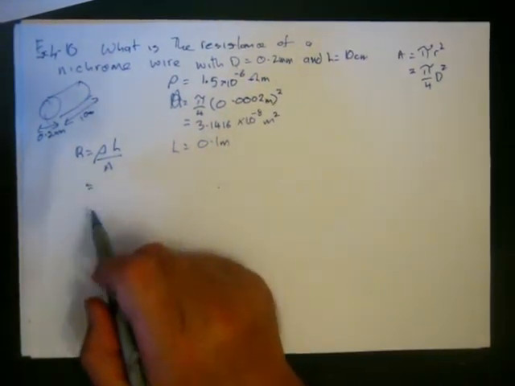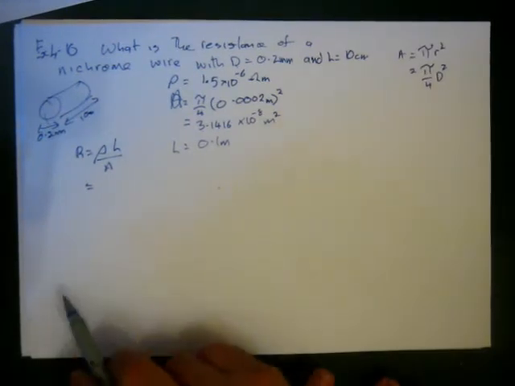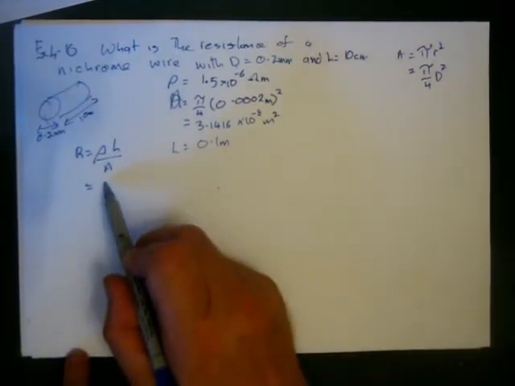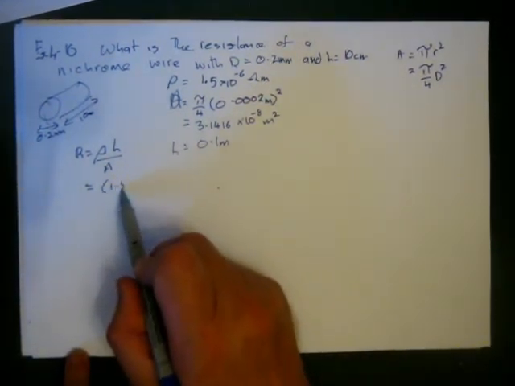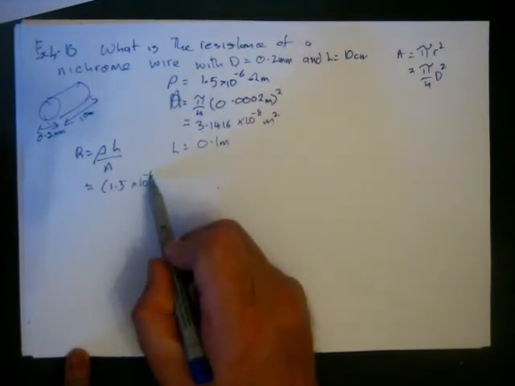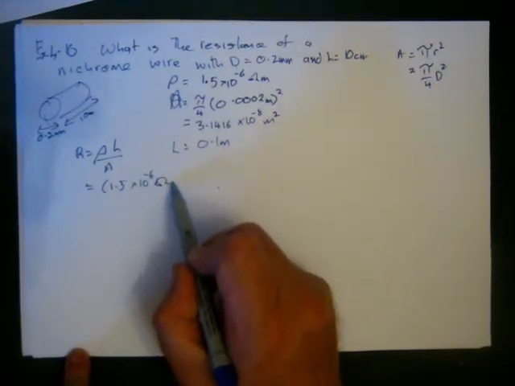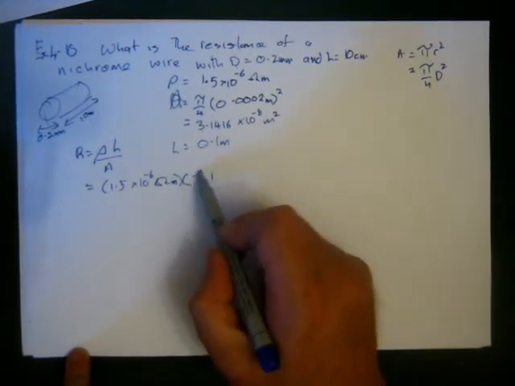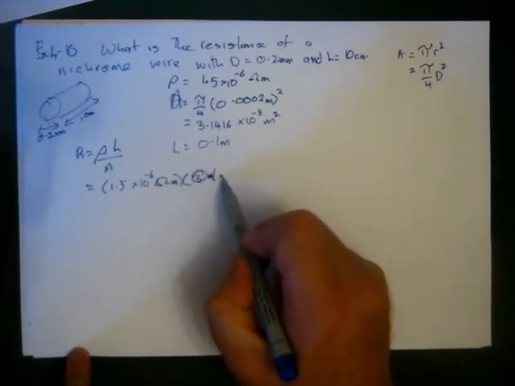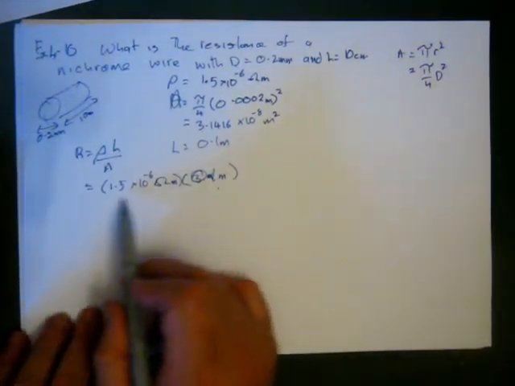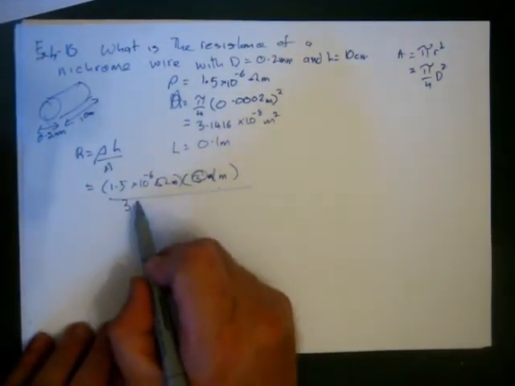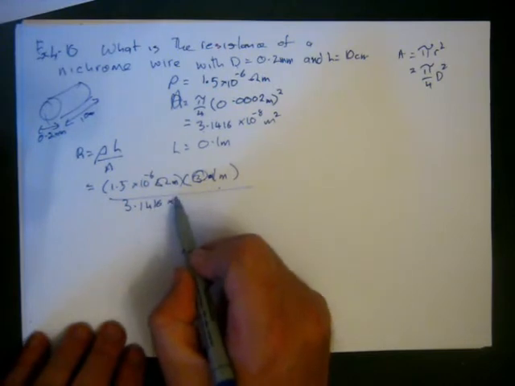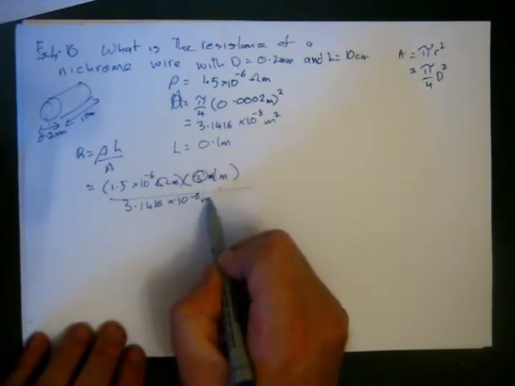So resistance equals 1.5 times 10 to the negative 6 ohm meters times 0.1 meters, the length, all divided by 3.1416 times 10 to the negative 8.